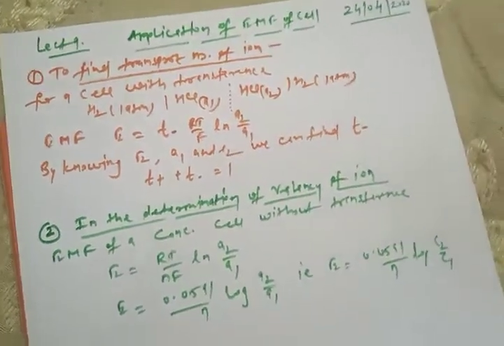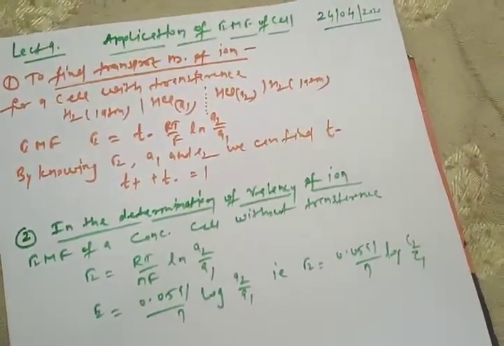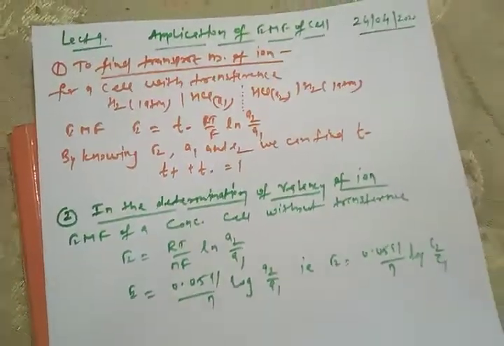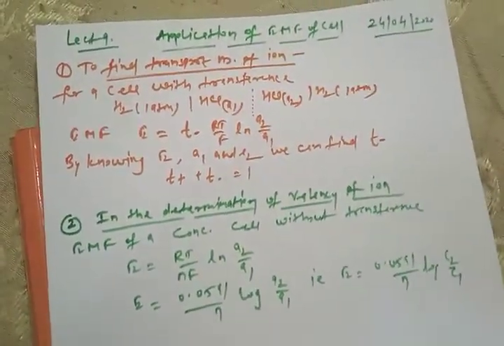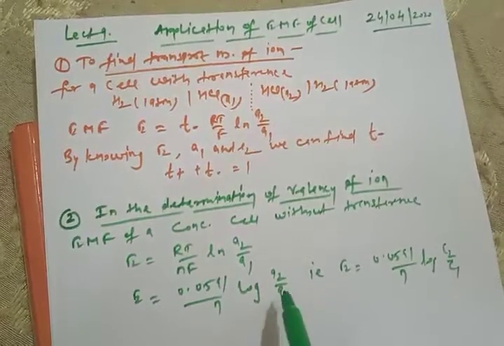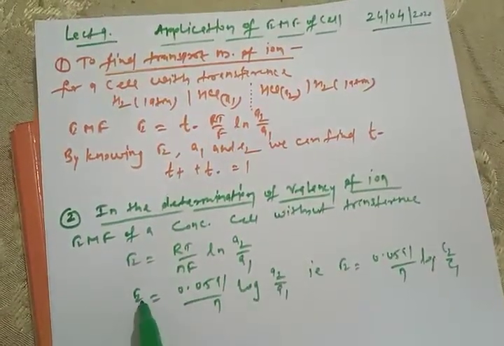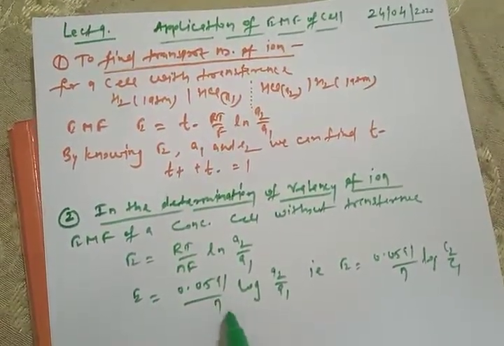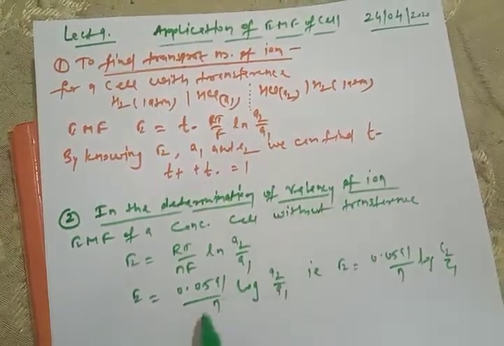C2 upon C1 is the concentration; it can be any concentration, molar, normal, whatever. Activity is again the same representation. So by knowing the values of activity A1, A2 and EMF, we can find out this n, because we want to find out the valency, and we know that the n is what?